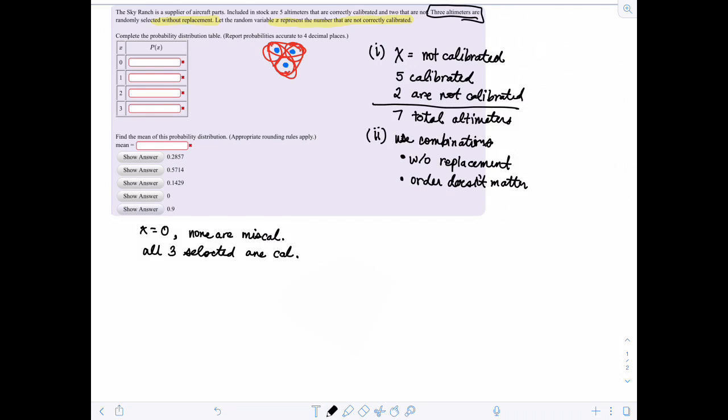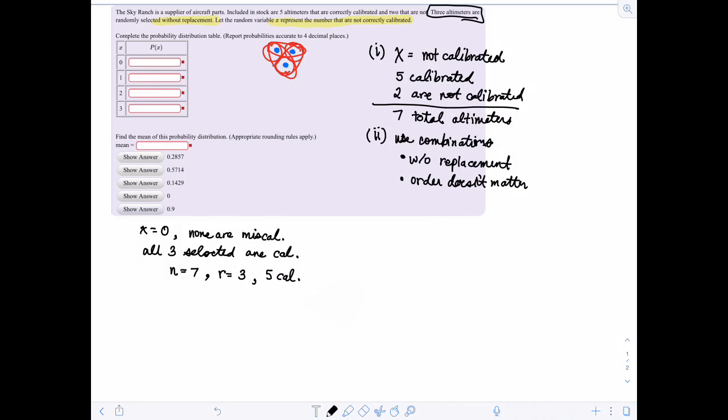So out of 7 altimeters, I'm choosing 3, and none of them are miscalibrated, meaning they're all calibrated. And we know that there are 5 calibrated.